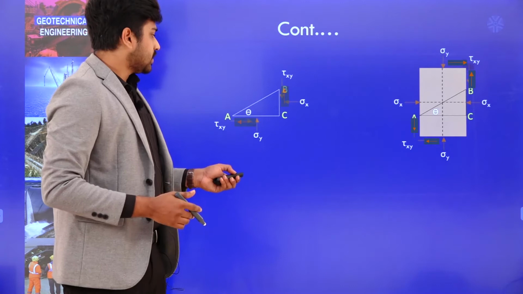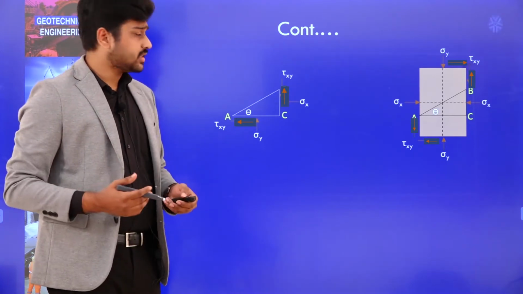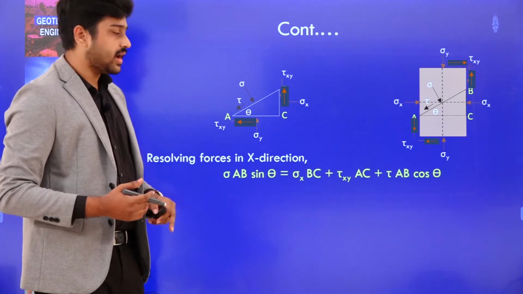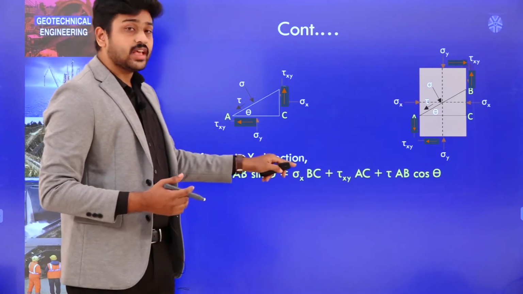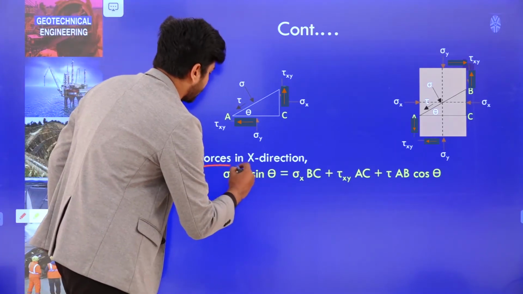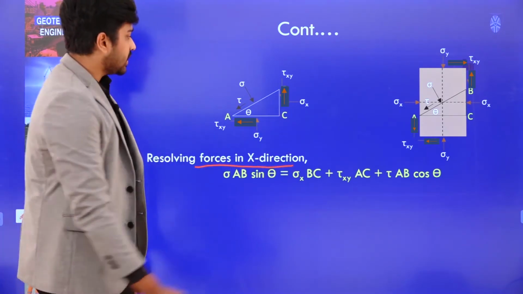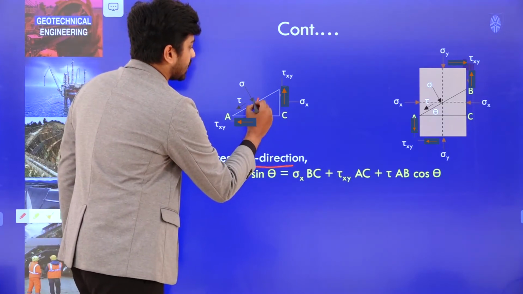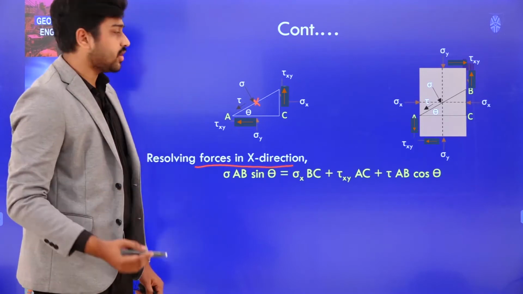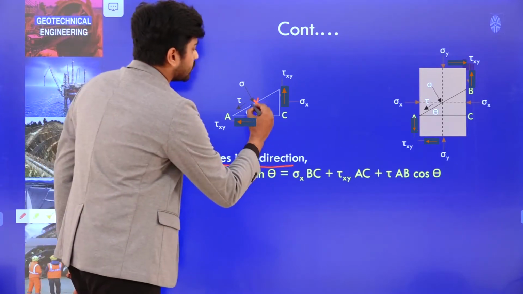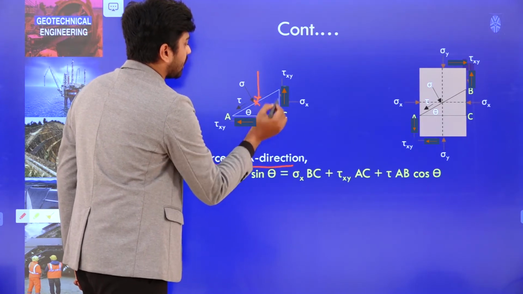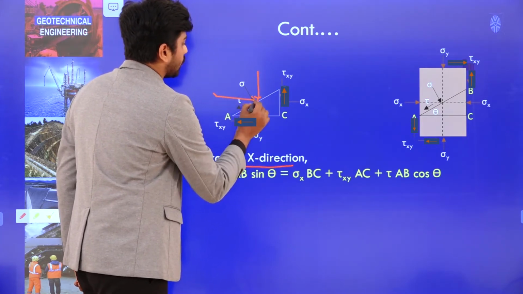Now, considering the equilibrium of forces once again, we need to evaluate sigma and tau. If we consider the resolving of forces along the x direction, at this particular point, along the horizontal direction, this sigma can be resolved into two parts.